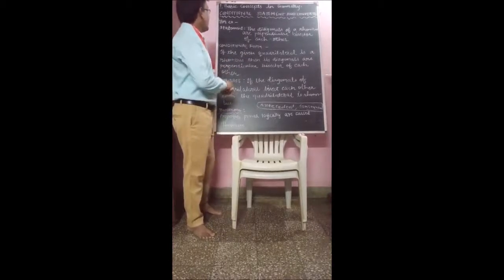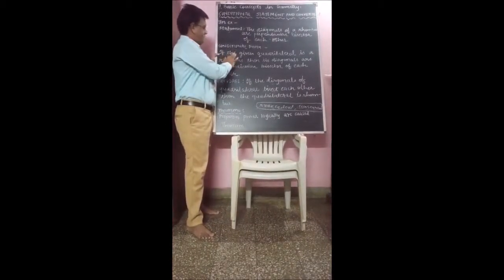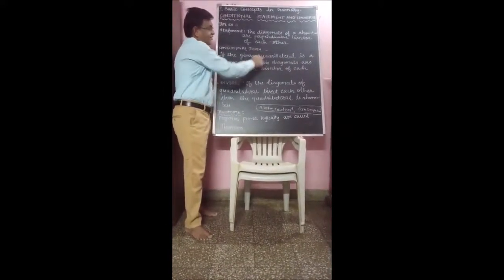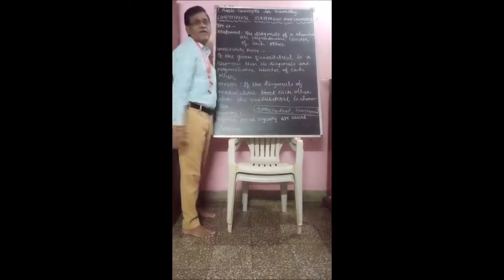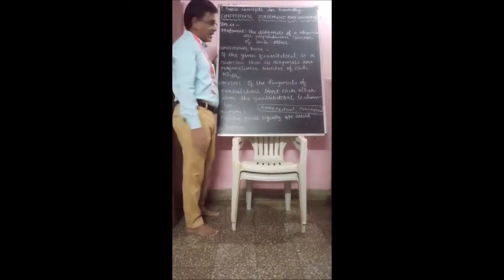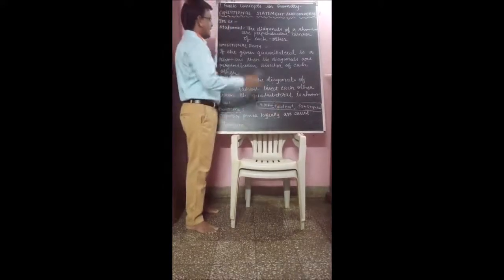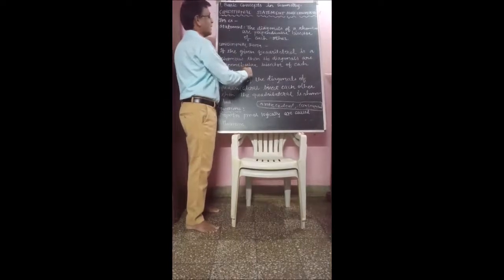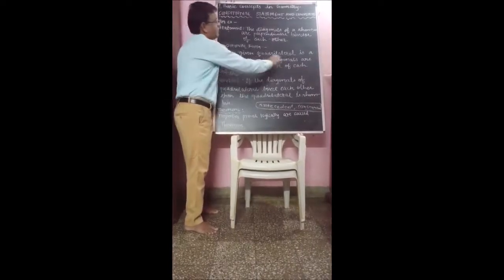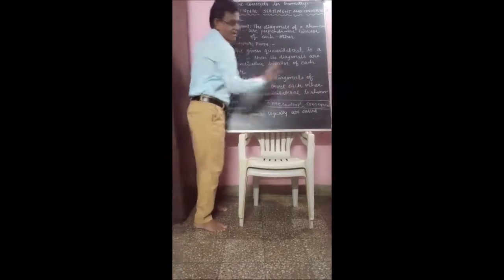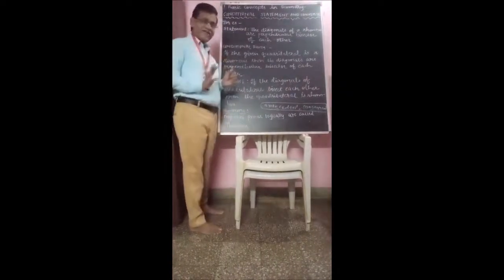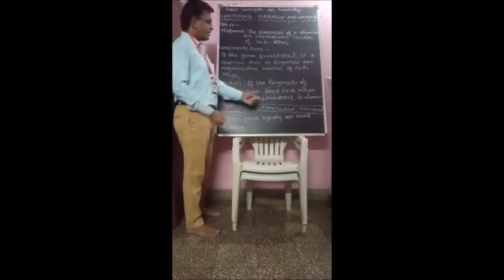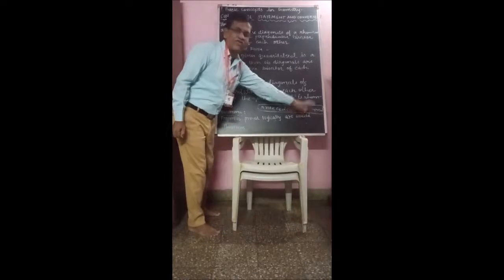Now here, the part after if, the given quadrilateral is a rhombus, is called the antecedent of the statement. The part after then, its diagonals are perpendicular bisectors of each other, is called the consequent. In a conditional statement there are two parts: one is called the antecedent and the other is called the consequent.